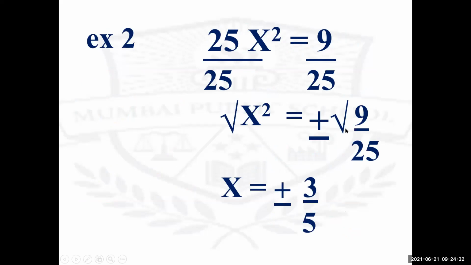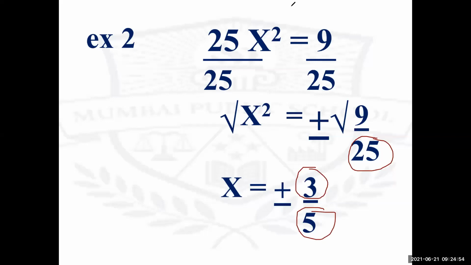See, now what happens is, what is the square root of 9, beta? The square root of 9 is 3, so the numerator is 3. And the square root of 25 is 5, so we get 3/5. Is this understood, beta?